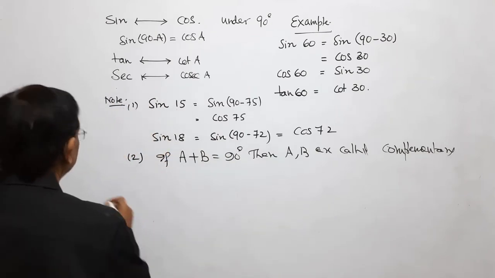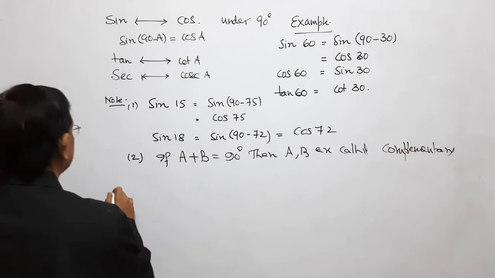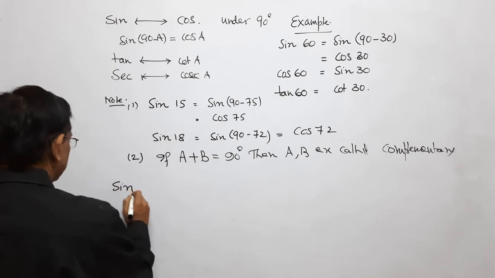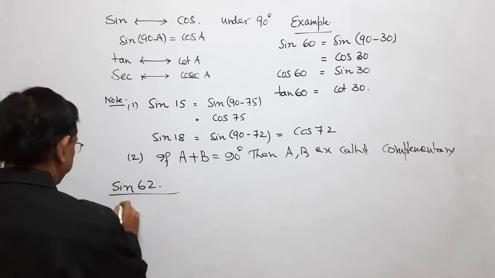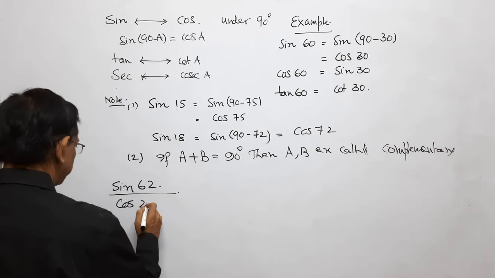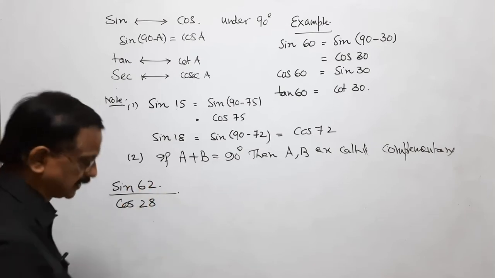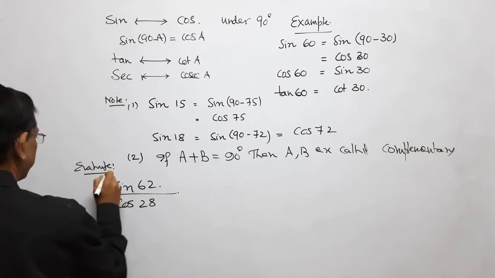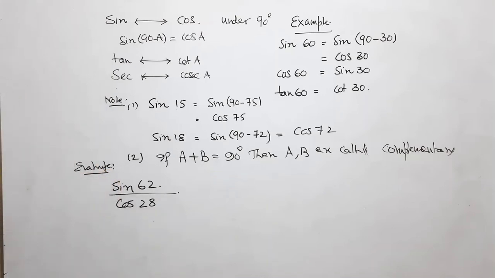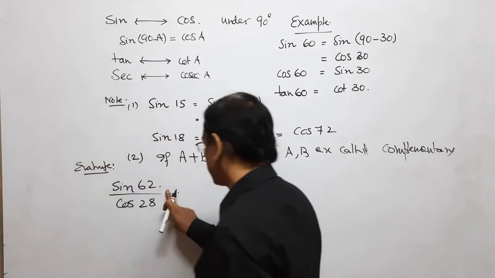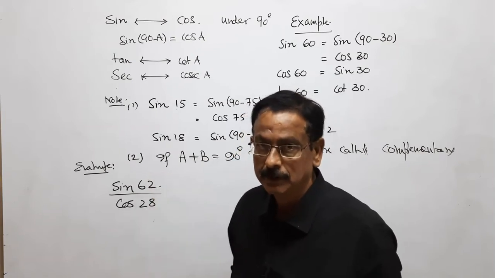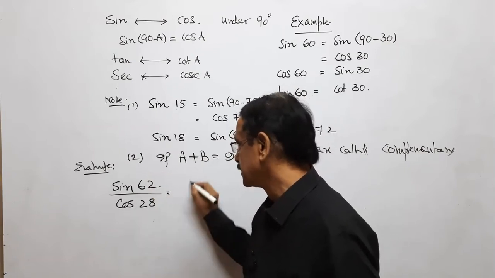Now, we have some more examples: how do you evaluate sine 62 by cos 28? These are examples which you can evaluate without knowing the values. Sin 62, you may not know what the value is, but you can evaluate it this way.